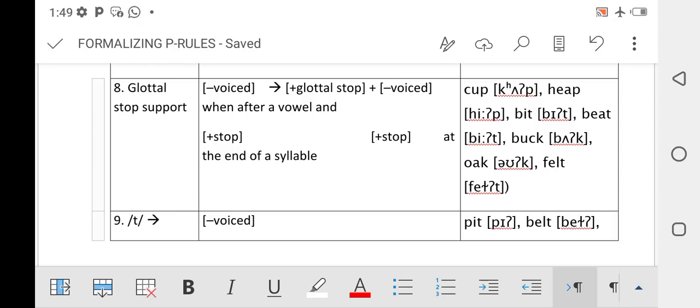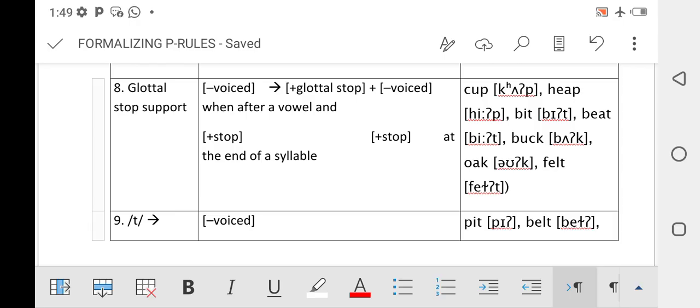Okay, so I have cup. The p, which is a voiceless stop, becomes a glottal stop when it comes at the end of the syllable, after a vowel.